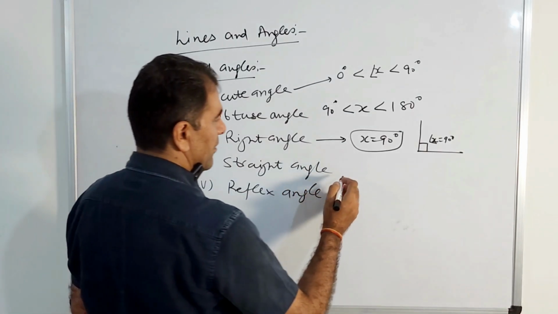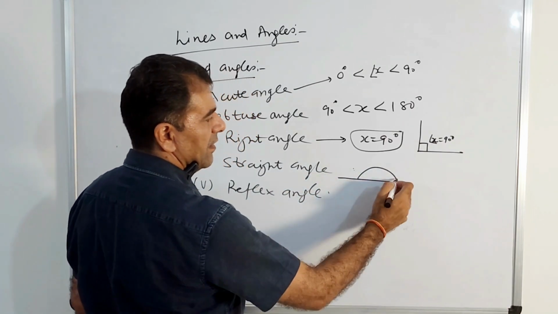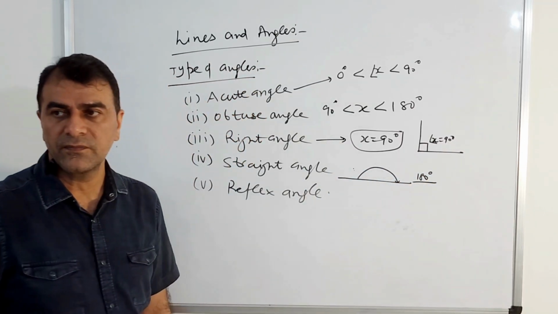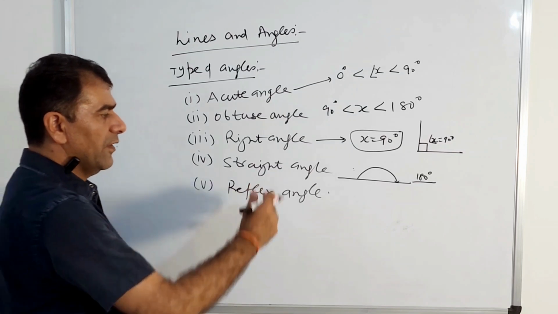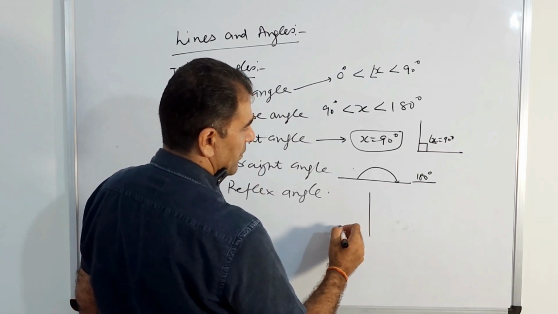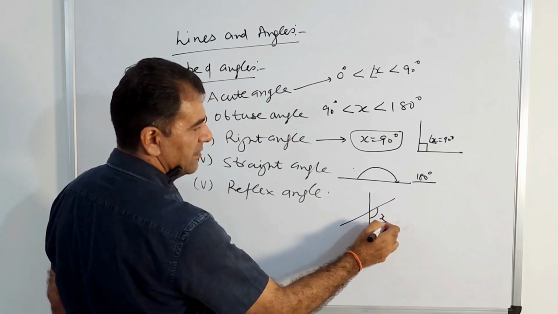Then straight angle. What is a straight angle? This one is a straight angle. So angle equal to 180 degrees is a straight angle. Then reflex angle. Suppose we are talking about this, and say this one is angle x.